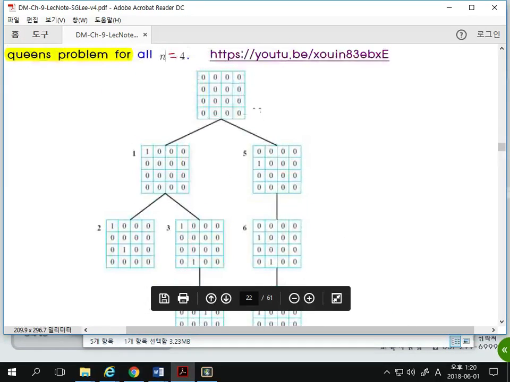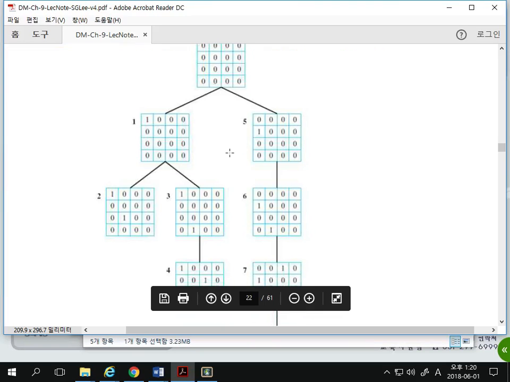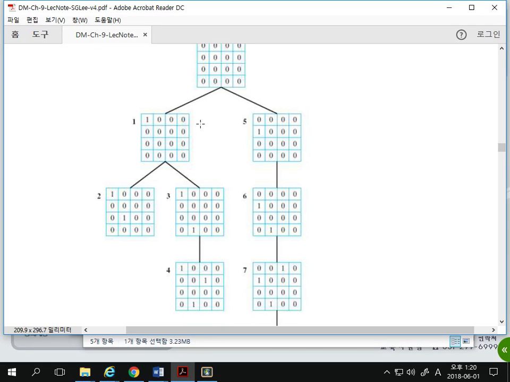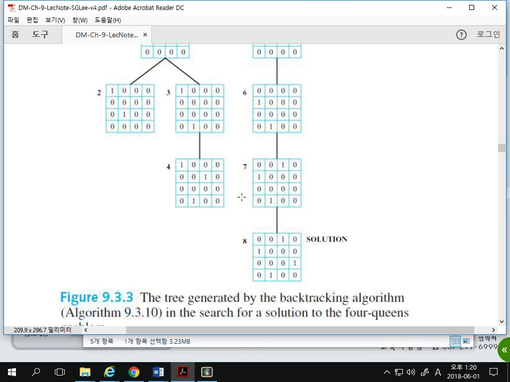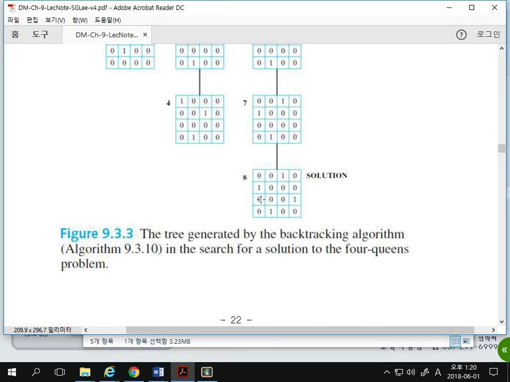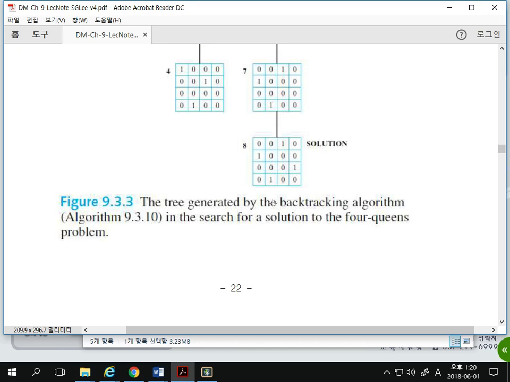As you see, the way that you go through is just like you are using a tree for finding the solutions. The tree generated by the backtracking algorithm in the search for the solution to the 4 queens problem.